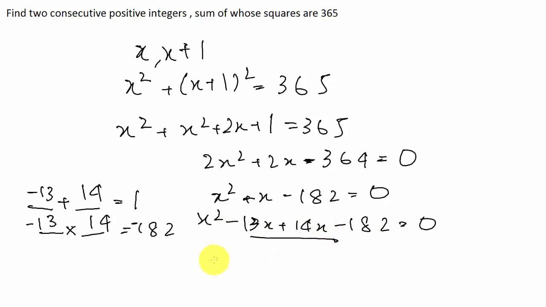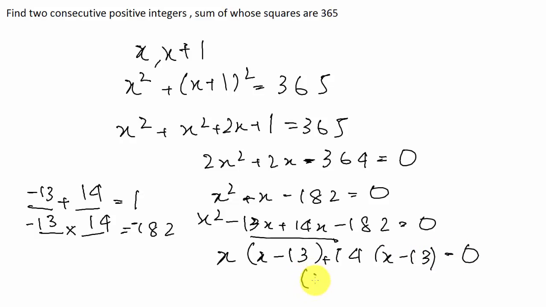That's 1. So we are going to take what all is common, x into x minus 13, and we are going to take 14 common from here, and we are going to get x minus 13 over here.